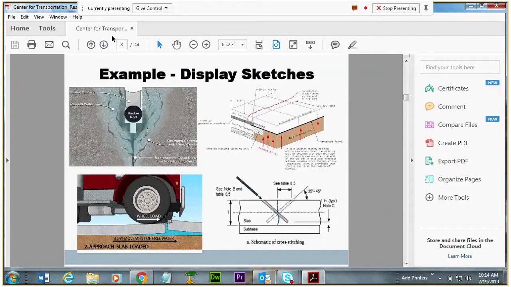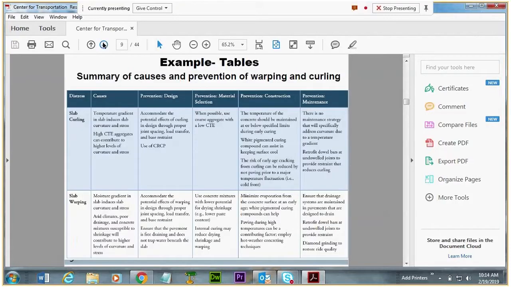We also came out with a lot of graphics, displays, drawings, if you will, trying to explain some of the distresses and how to prevent them and some of the repairs, as you can see on this slide. Next slide. And then finally, the one that probably made as much of a difference as even the photos and the sketches was the tables that we came up with.